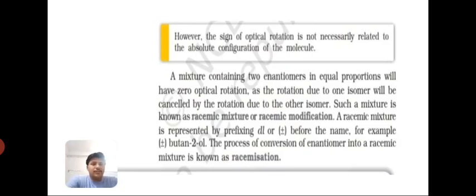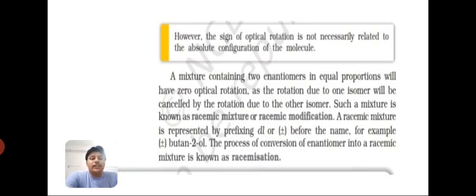Now next is the racemic mixture. What is a racemic mixture? A mixture containing two enantiomers in equal proportions will have zero optical rotation, as the rotation due to one isomer will be cancelled by the rotation due to the other isomer.